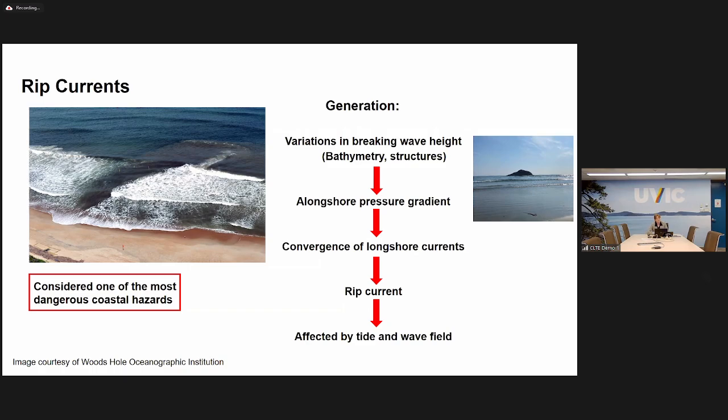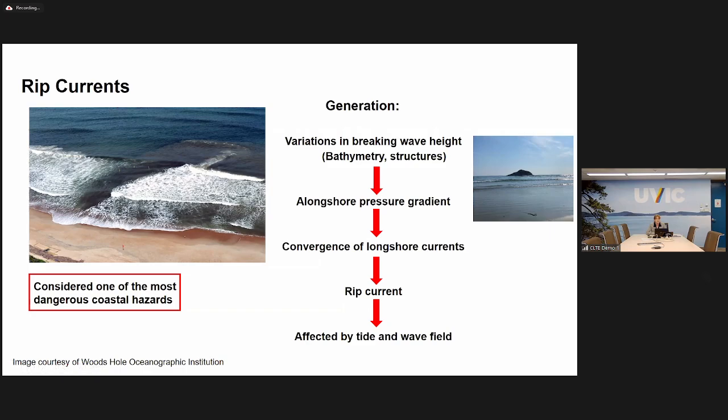Rip currents are generated by variations in the height of breaking waves. And these can be caused by bathymetric variations such as sandbars and troughs, or by structures like rocks or breakwaters. Specifically at Long Beach, there's a rock known as Lovekin Rock where many rip currents have occurred.